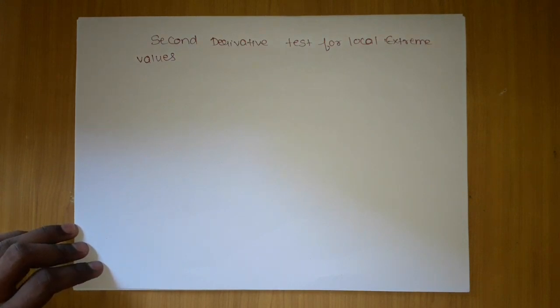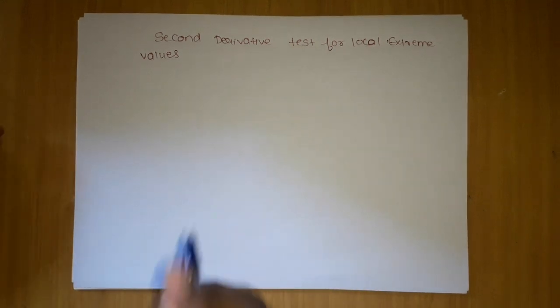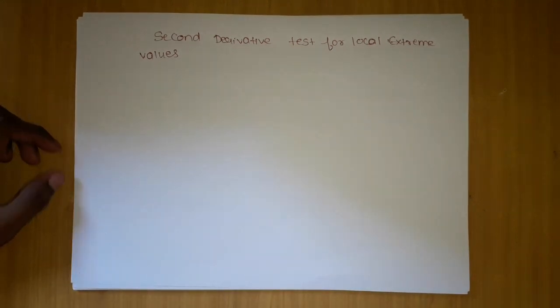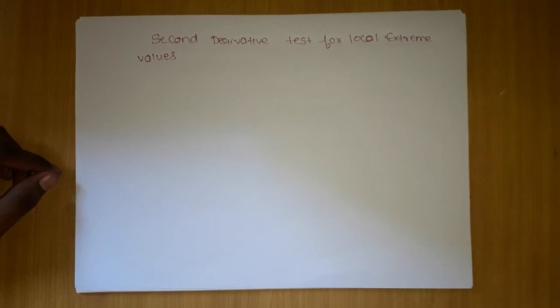What are the things which you will study in the second order derivative test? As I mentioned, it is more mathematical compared to what the first derivative test was. Here you will have direct things which you need to memorize, straightforward. If you know those rules, then you will be able to solve the question. If you don't know the rules, you will not be able to solve the question.